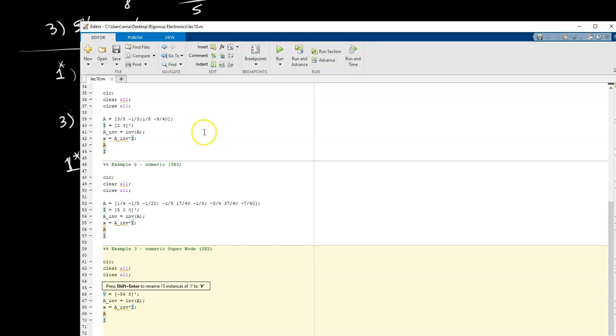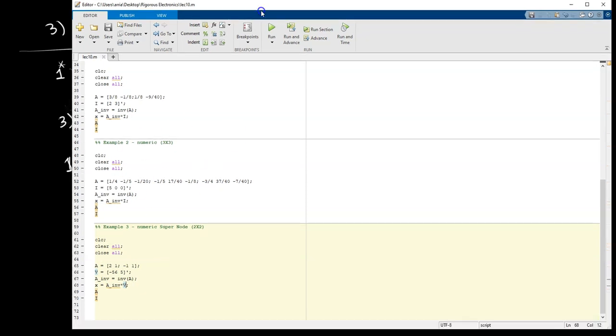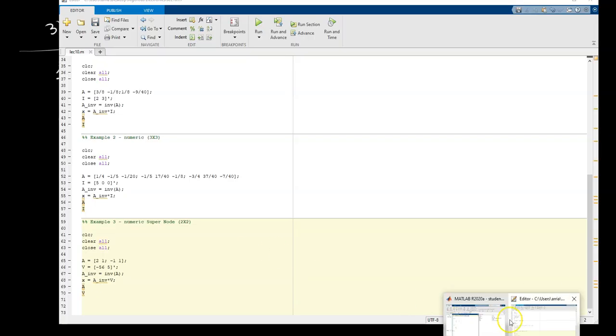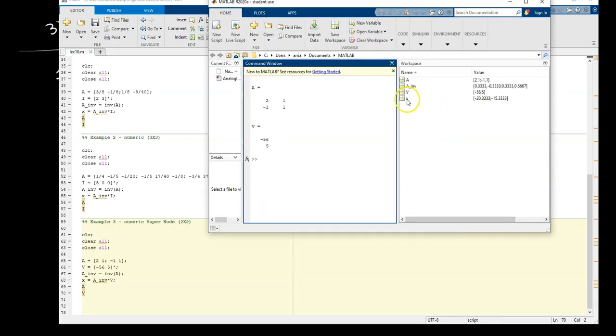Then I'm going to invert it and multiply by V. So if I now take a look at my results, I see that my output vector X is negative 20.33 volts and negative 15.33 volts.